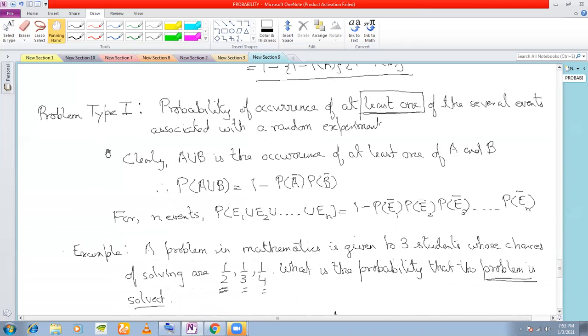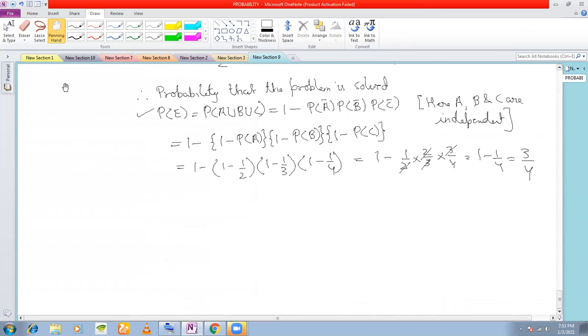So this is your problem type one. Next, let us say problem type two. In problem type two, you have the probability of occurrence of exactly one of the independent events.